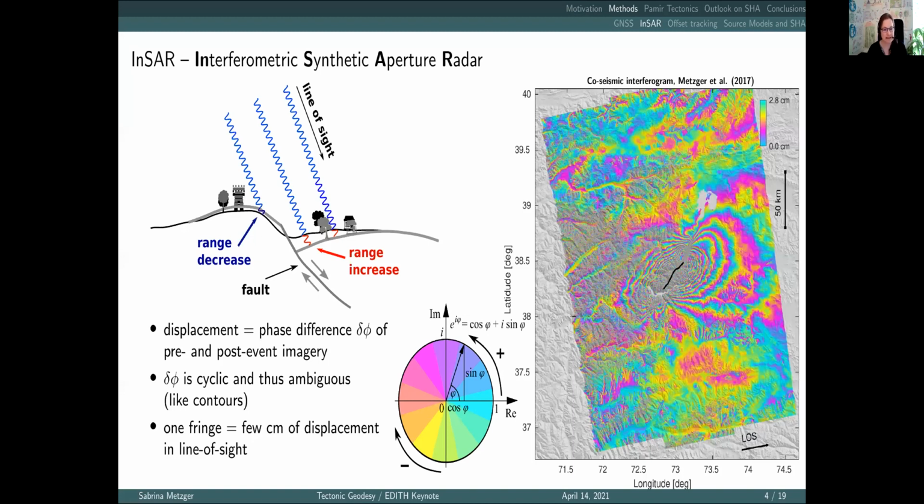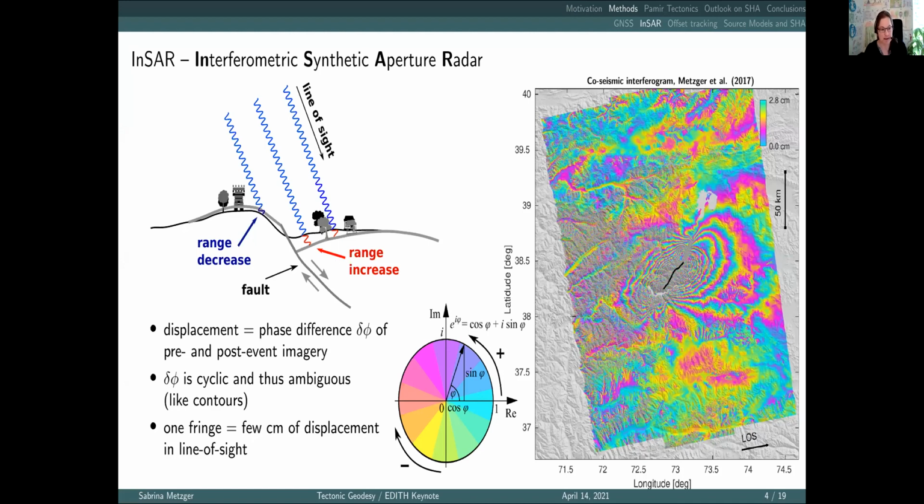Radar data is complex data, which contains an amplitude value, which tells you something about the backscatter energy that's returning to the antenna. And then we have this phase. If we look at the phase change, we can see if the crust has moved away from the satellite or has come closer to the satellite. That's this range increase and decrease.